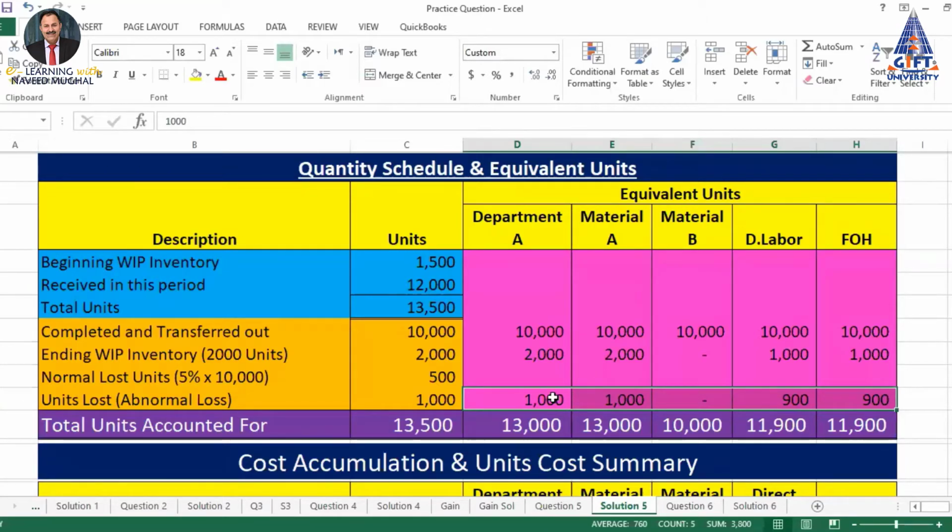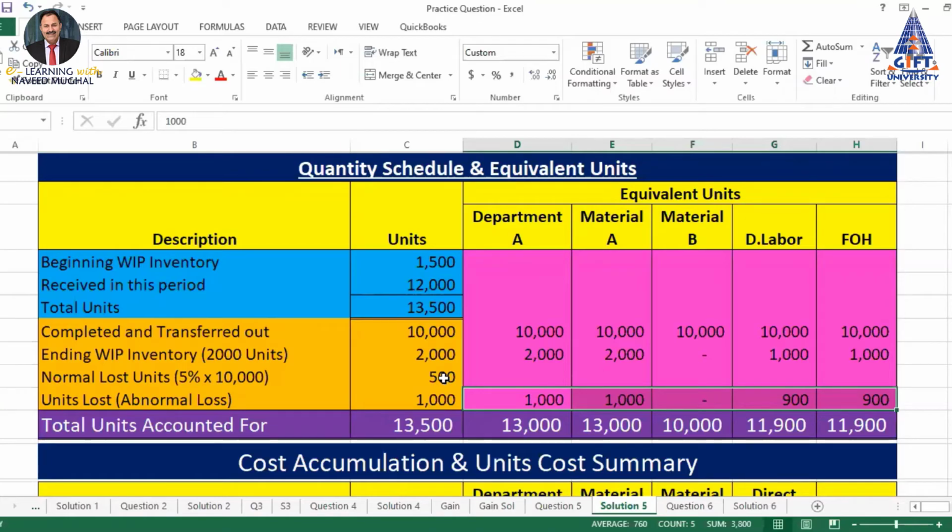So the calculation of equivalent units for abnormal losses and normal losses which are at the end of the process is the same. We calculate equivalent units for normal loss which is at the end of the process and separated and charged to finished products only. We have to add those loss units in the calculation of equivalent units.